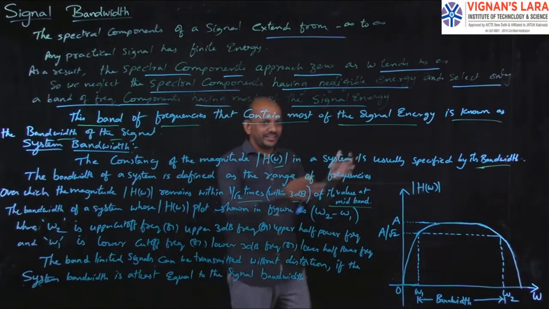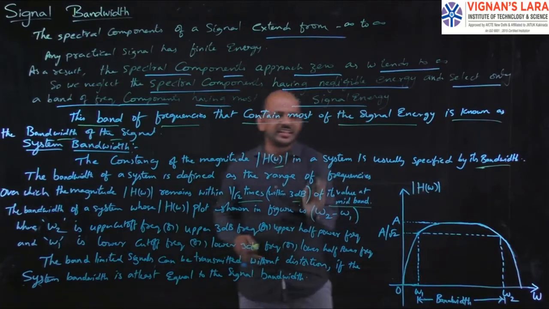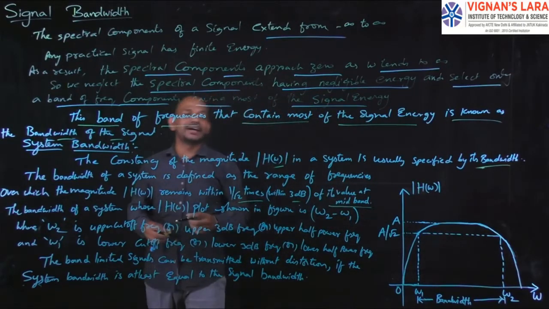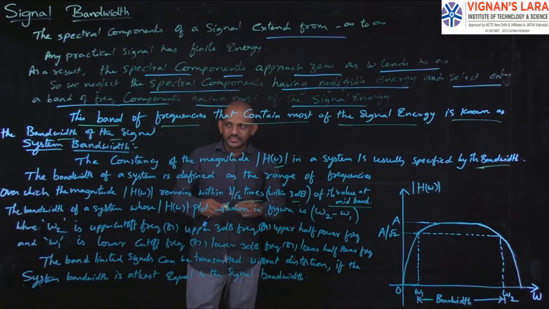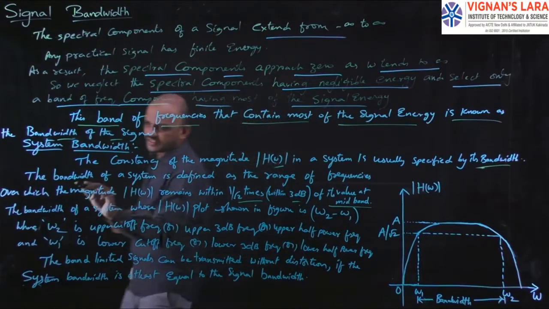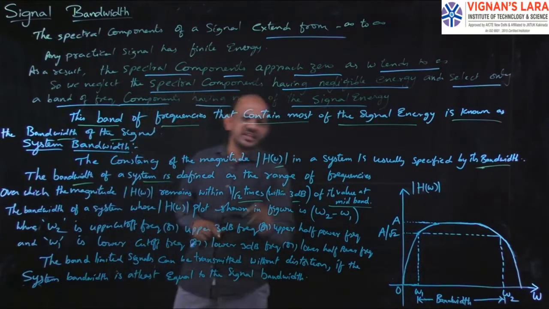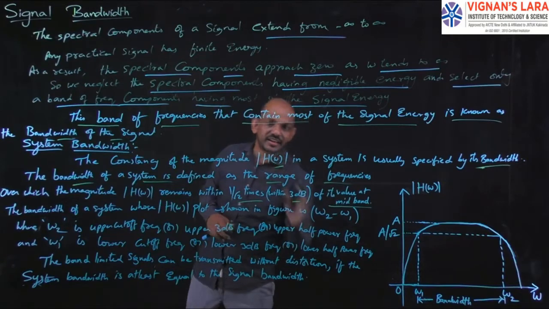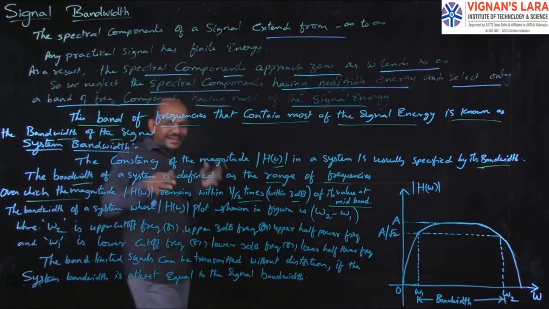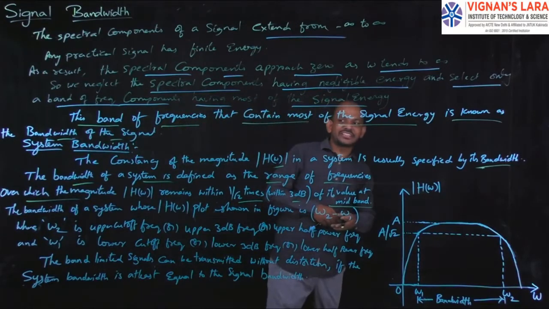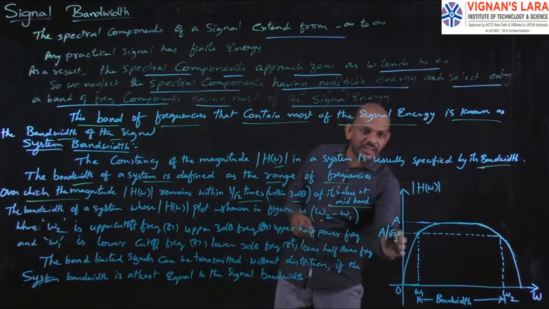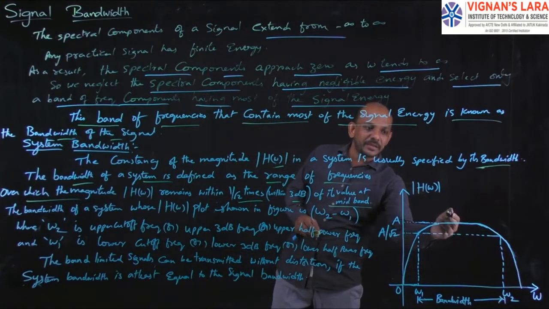If we go with respect to decibels, we take 3 dB; generally, we take 1 by root 2 times its value at midband. So the bandwidth of a system is the range of frequencies over which the magnitude of the transfer function, mod of H of omega, remains within 1 by root 2 times of its value at midband.